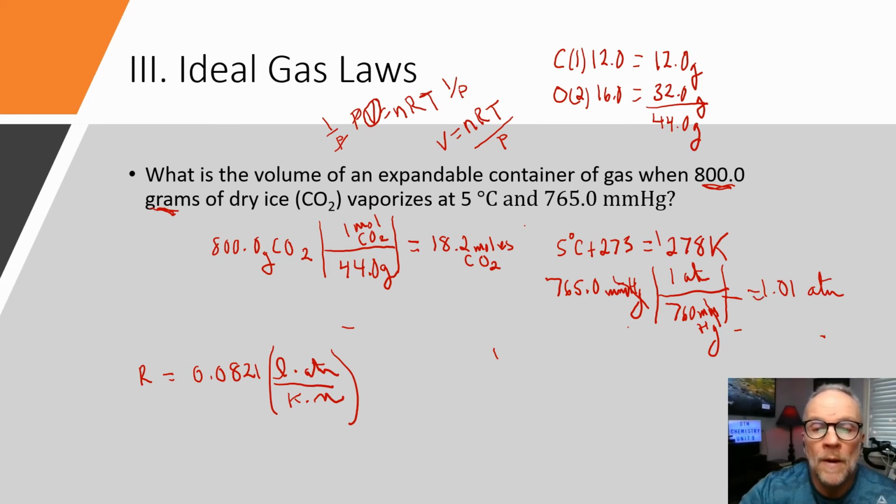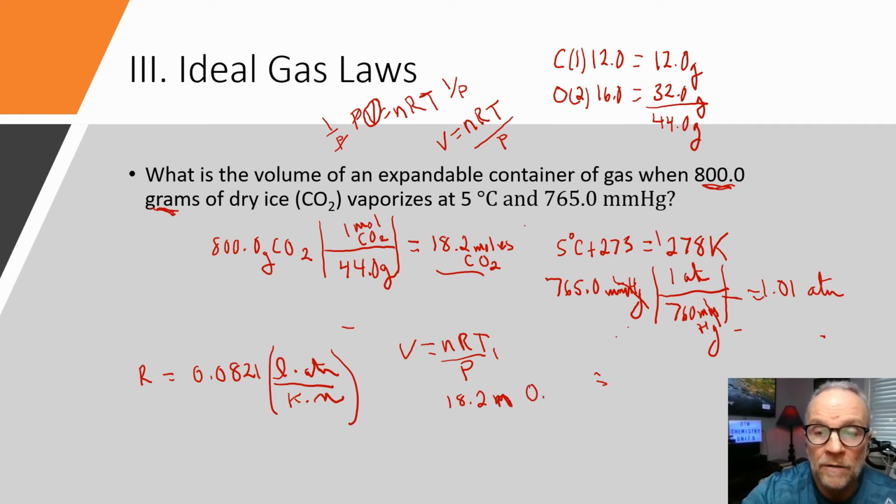Okay, so now we're ready to plug into our formula. V is equal to nRT over P. So our n is our number of moles right here. So it'd be 18.2 moles. We'll just put an n there.